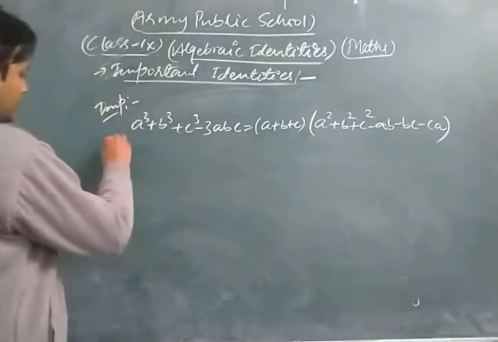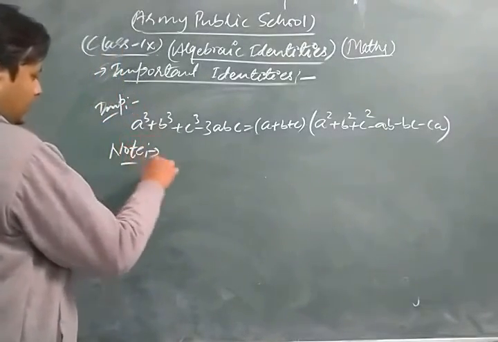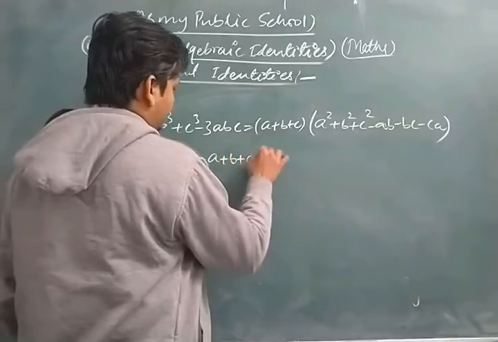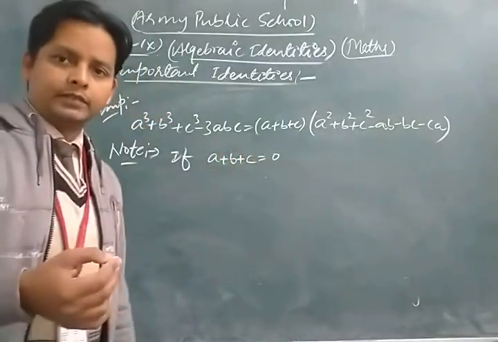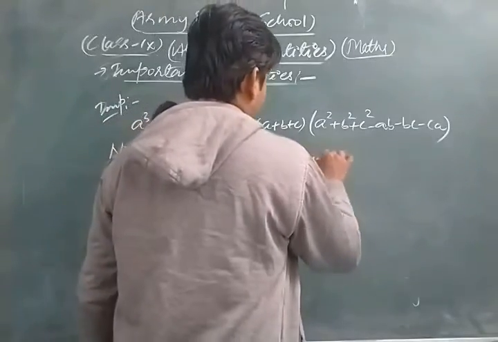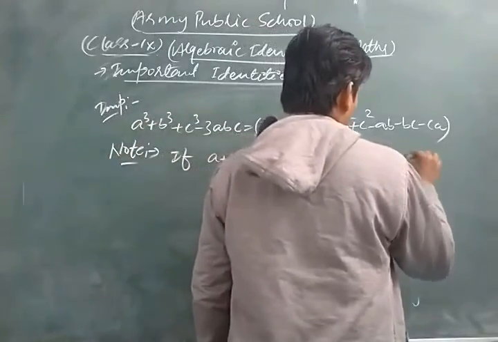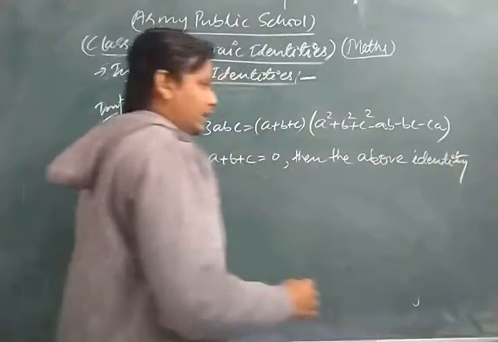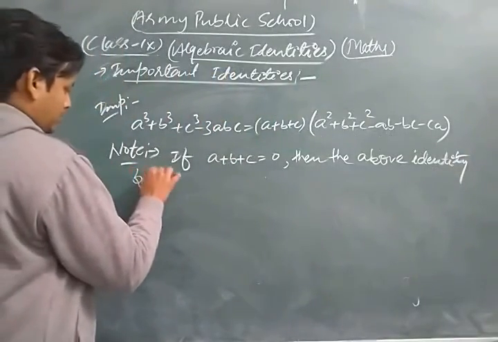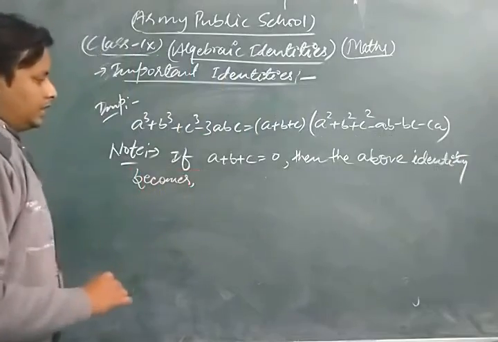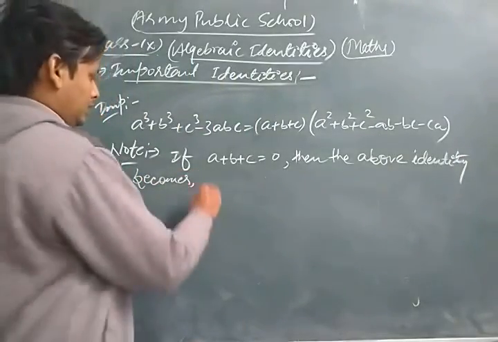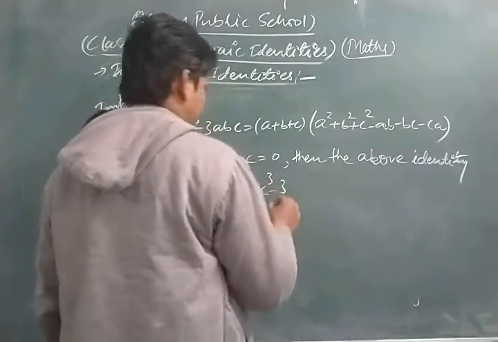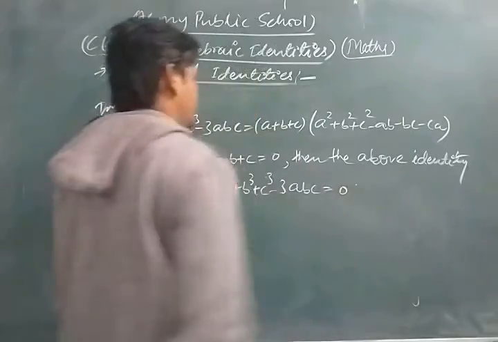Please note, students, if the value of A plus B plus C is equal to 0, suppose that, then the above identity becomes A cube plus B cube plus C cube minus 3ABC is equal to 0.